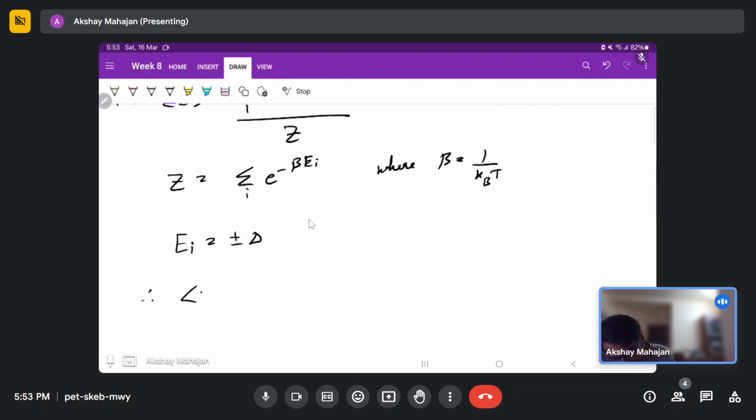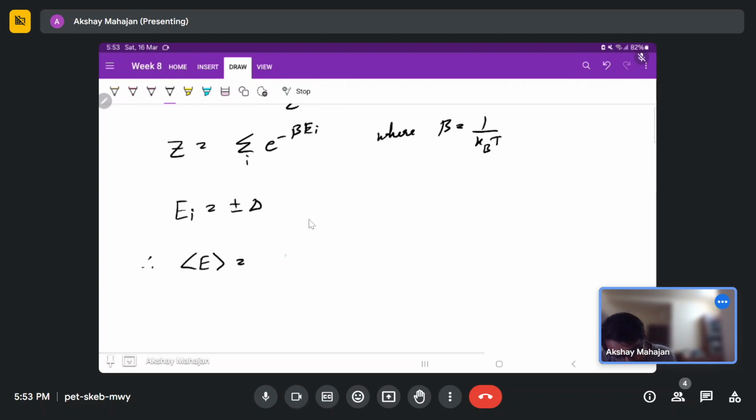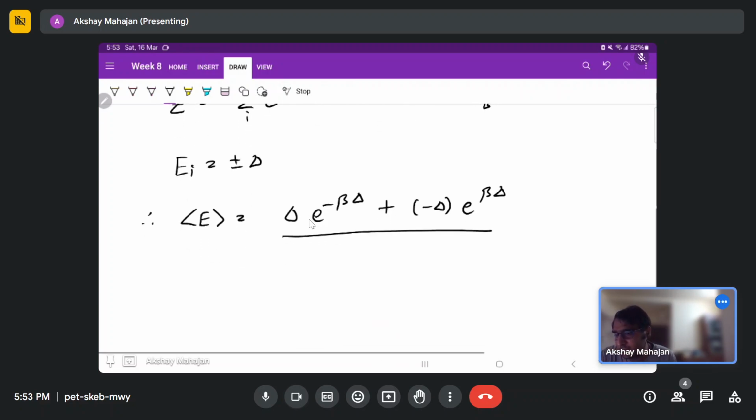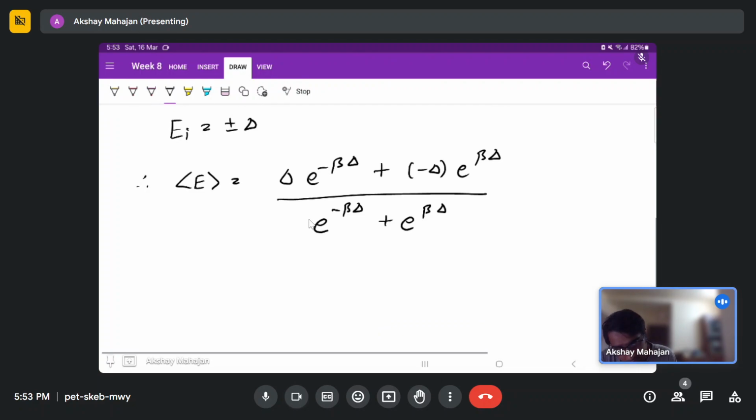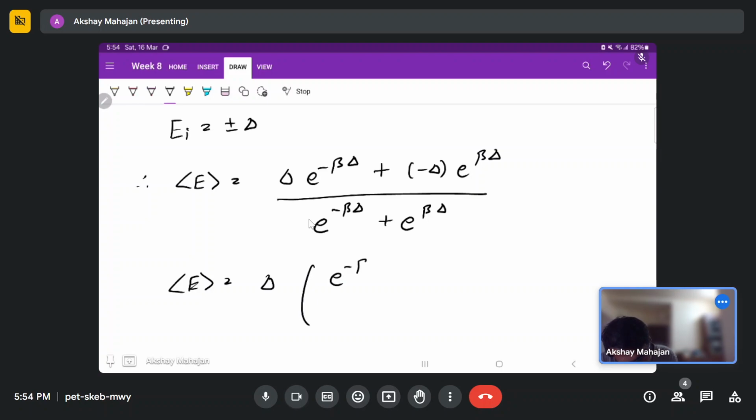Therefore, the average energy will be equal to delta e to the power minus beta delta plus minus delta times e to the power beta delta, divided by the partition function, which is just e to the power minus beta delta plus e to the power beta delta. Let me take minus delta common.